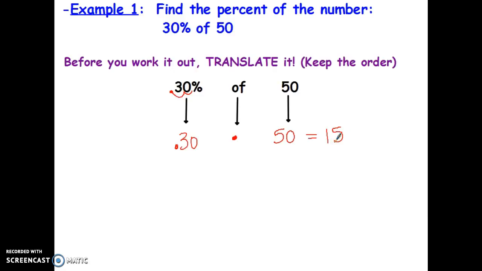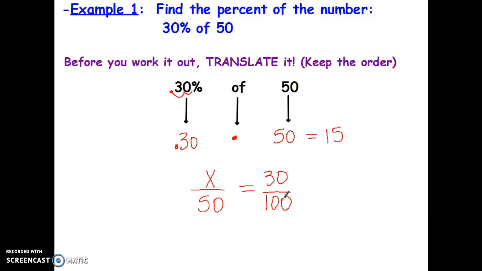Now a way to set this up as a proportion is to think "is over of." We don't know what the number is, but we do know "of" 50. So we're trying to find out what this number is. What is 30% of 50? Now remember, when we write percents, it's the percent over 100, because the whole amount is 100.